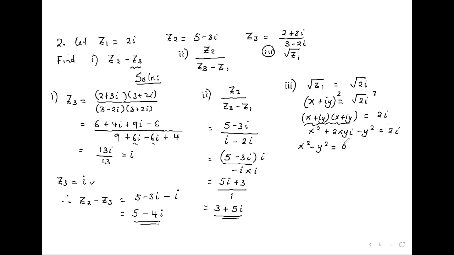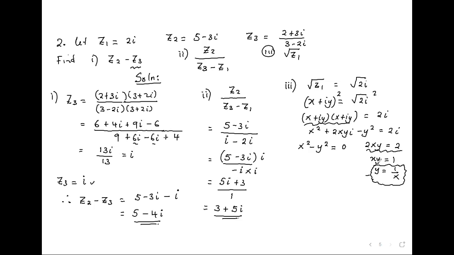So this is equal to 0. And then 2xy is equal to 2. So now we concentrate on this one. We get xy is equal to 1 when we divide by 2, meaning y is equal to 1 over x.